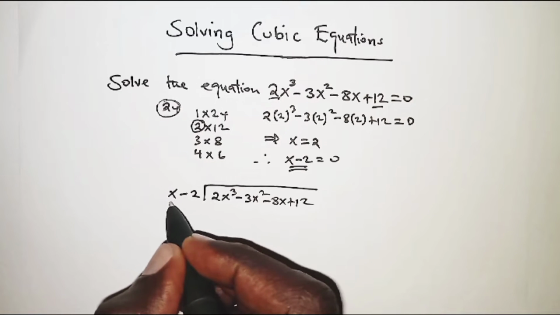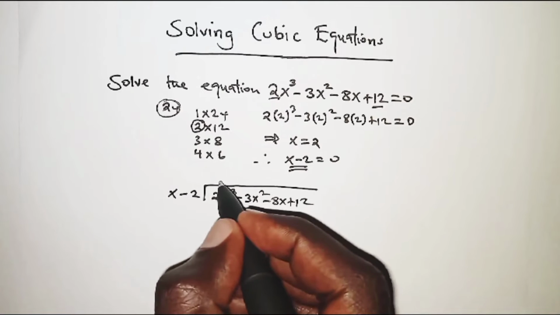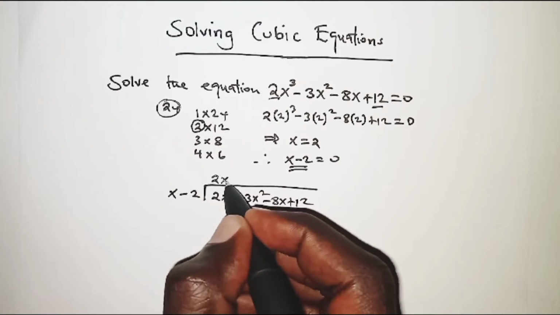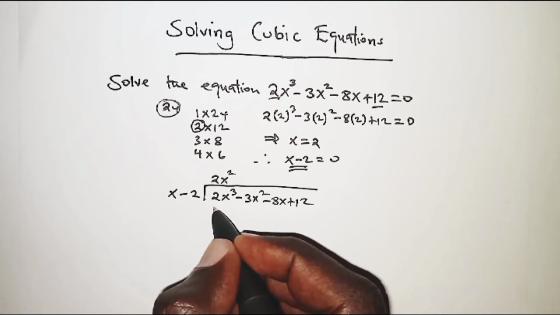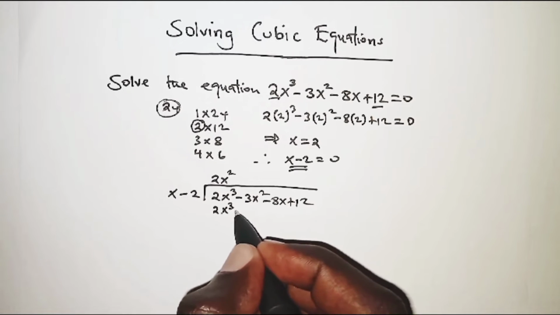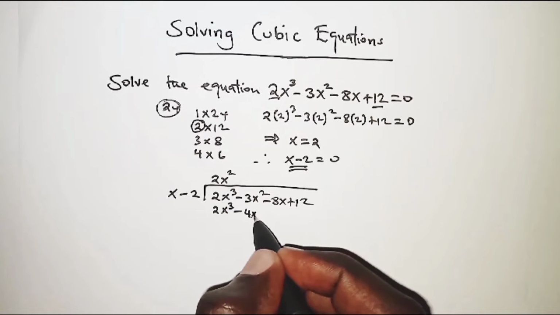So x minus 2 will go here, 2x squared times, so 2x squared times x minus 2, we have 2x cubed minus 4x squared.